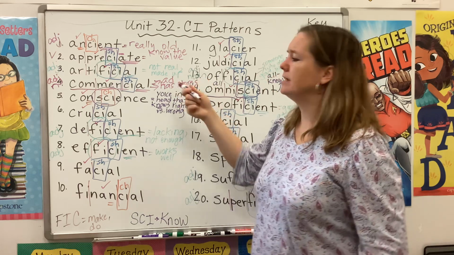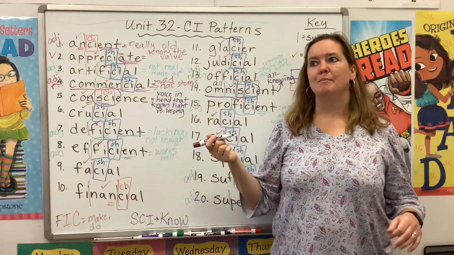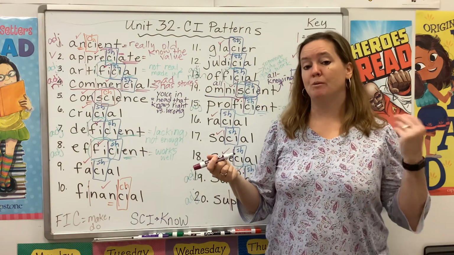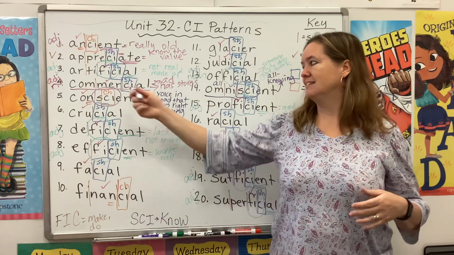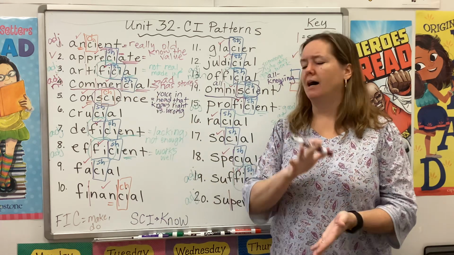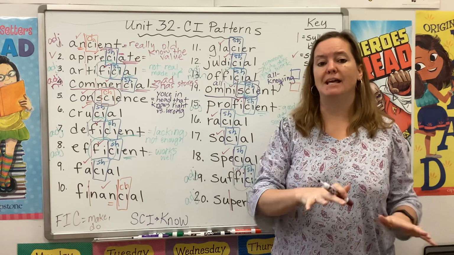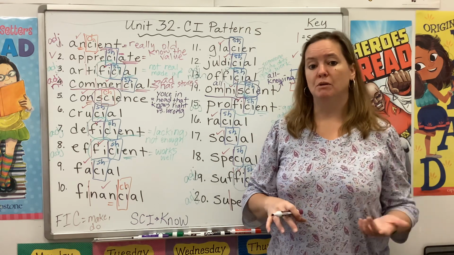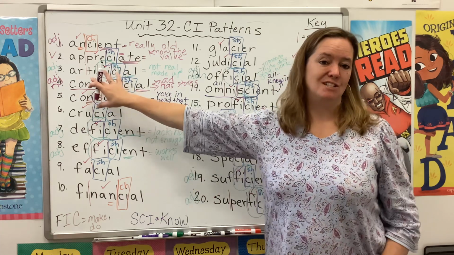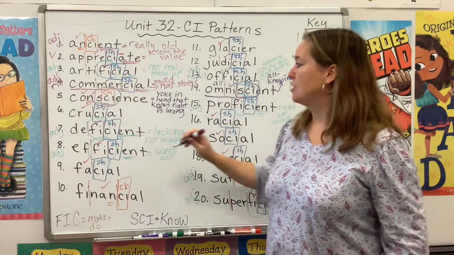Which makes sense, right? Because a commercial is an ad that tries to encourage you to buy something. So that ties in with commerce too. So a commercial can be an ad. A commercial zone can be a place where there are stores where people can sell things and engage in commerce.